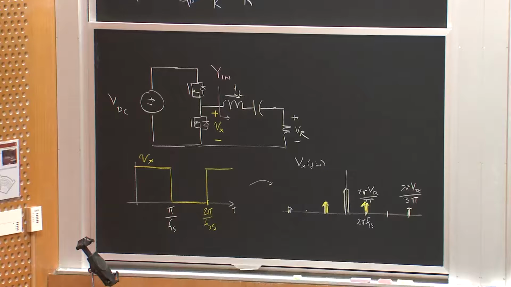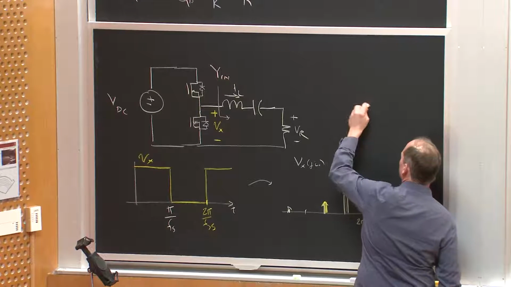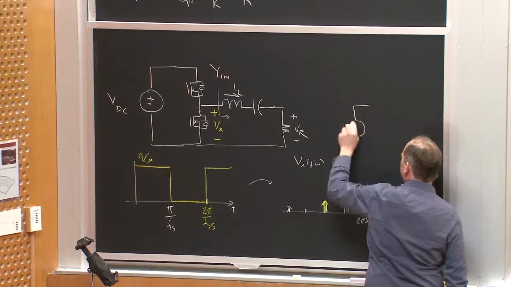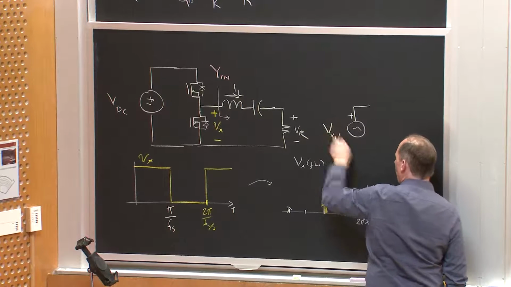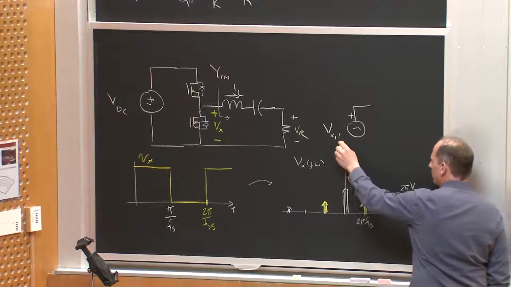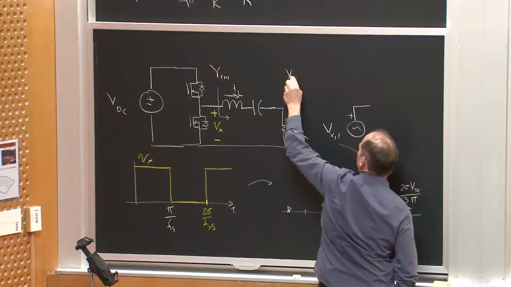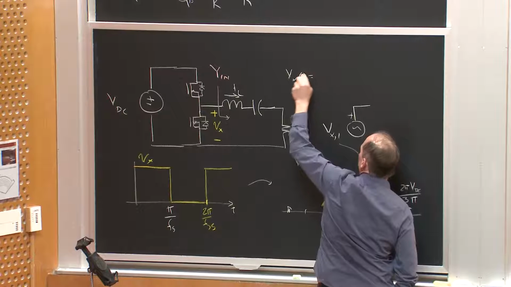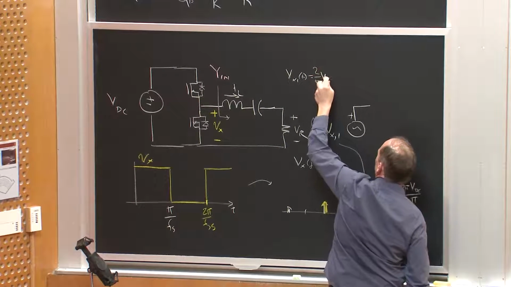And so maybe I would kind of mentally approximate this as the following. I call this sort of Vx1, the fundamental component, right? Which would be Vx1 of t would be equal to 2 over pi VDC.